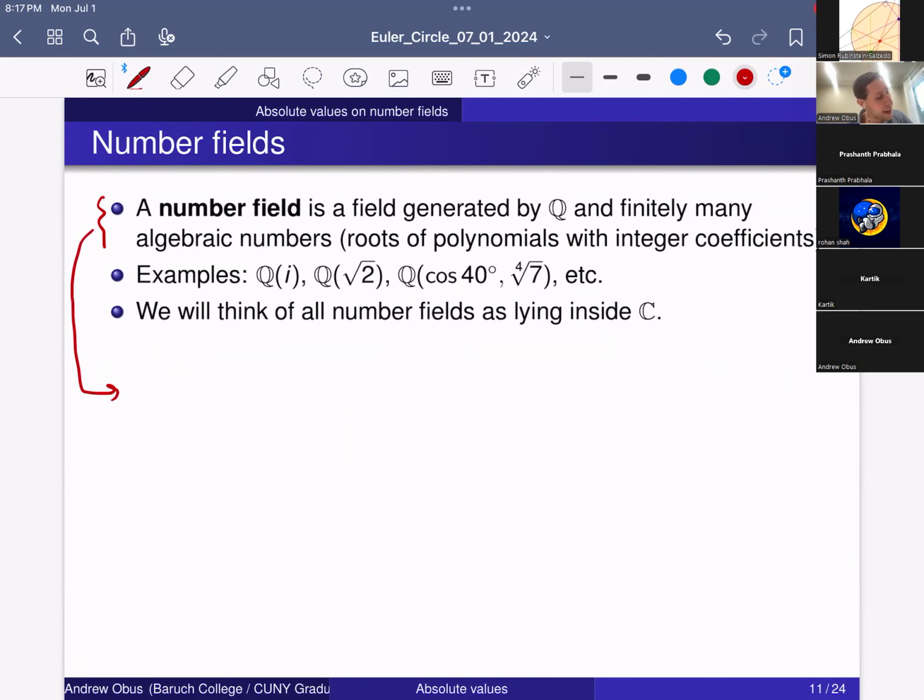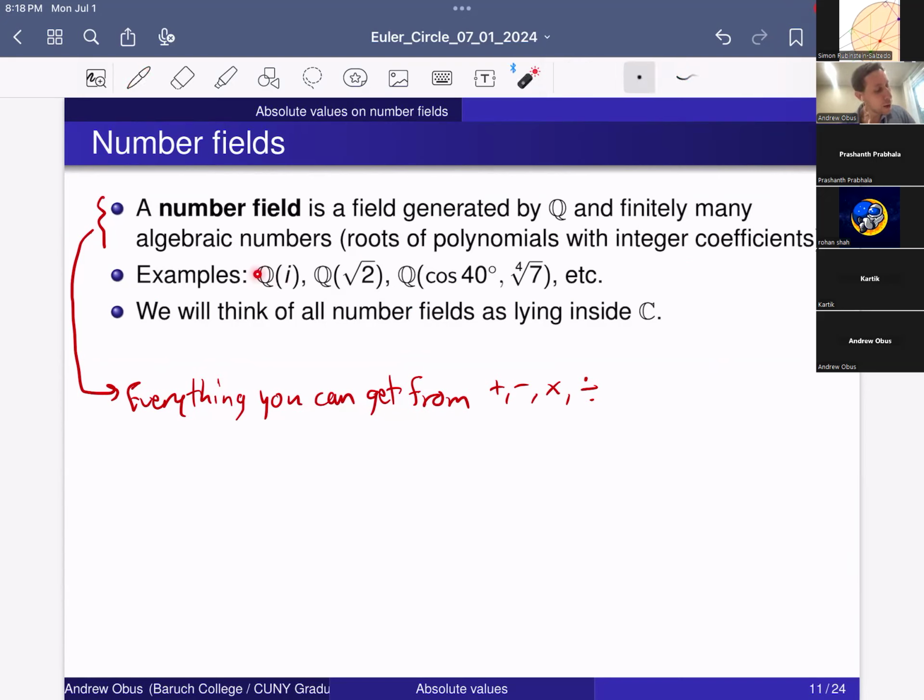If not, it's everything you can get from just using the standard operations of arithmetic: adding, subtracting, multiplying, and dividing, starting with the rational numbers, and then throwing in whatever extra algebraic numbers you want.